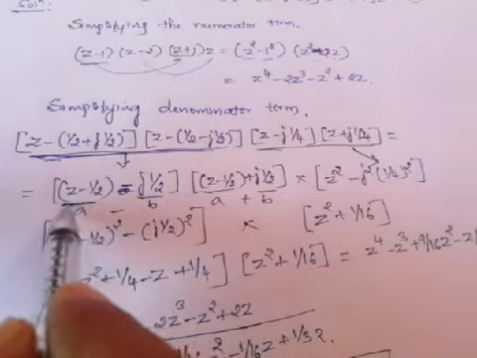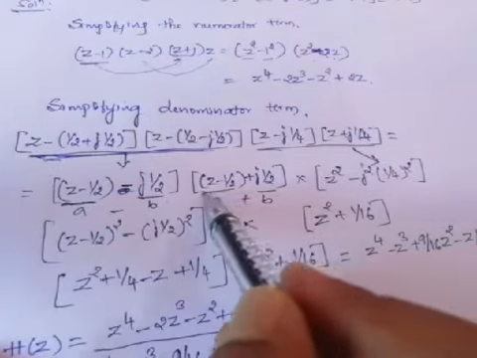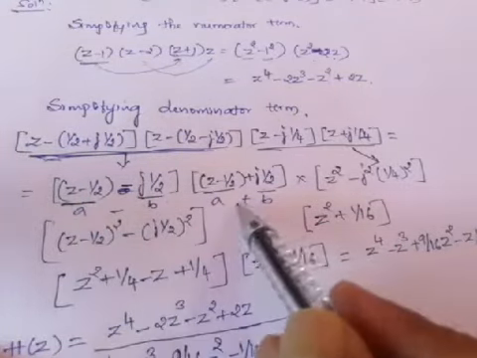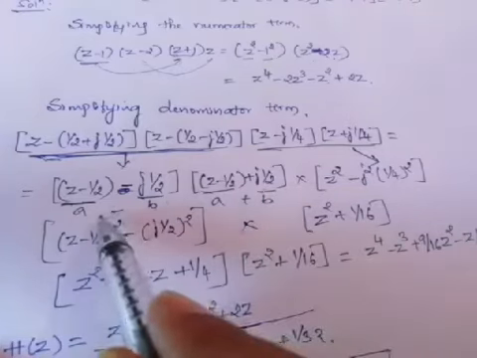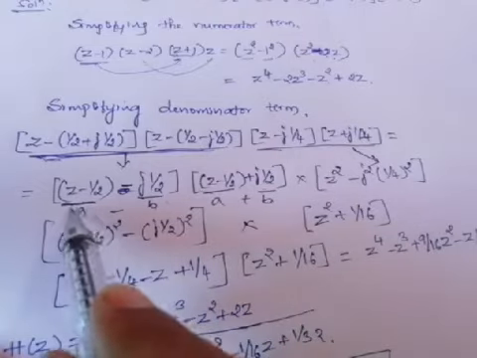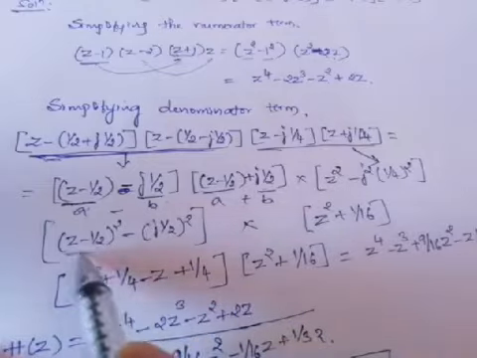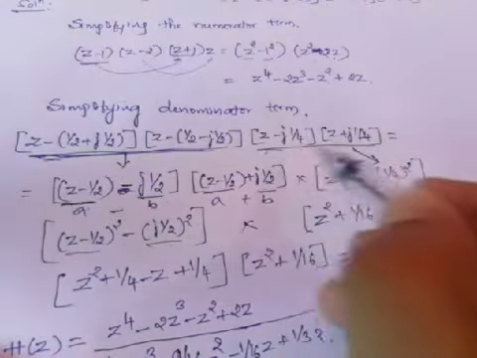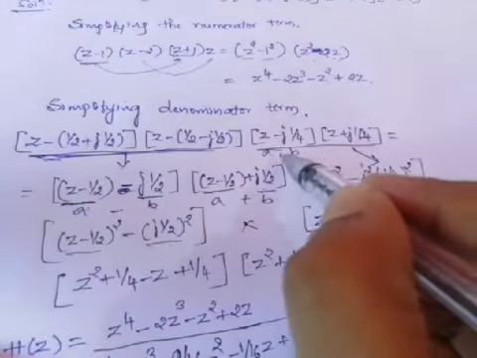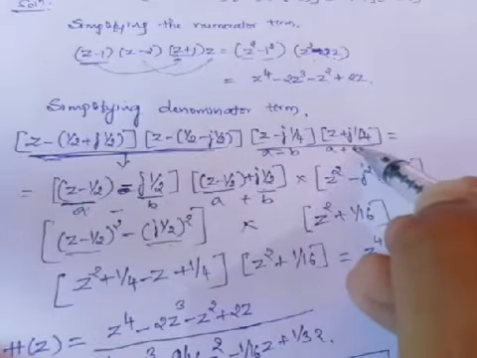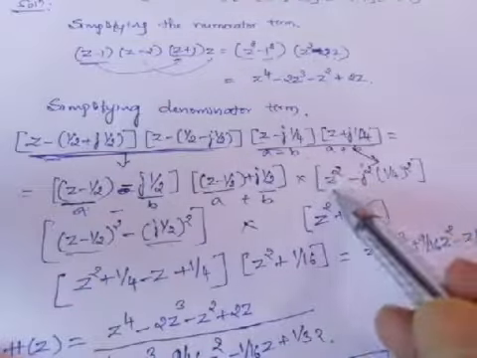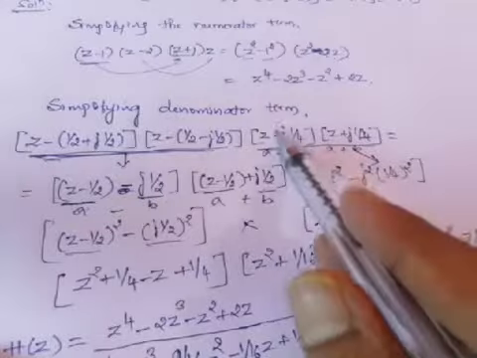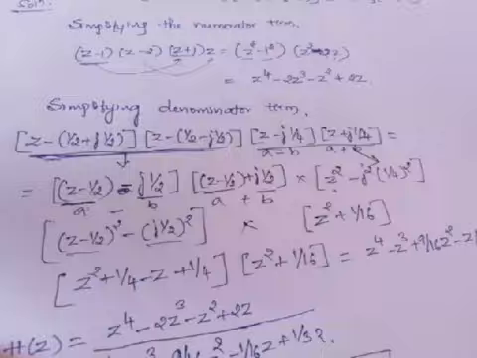See, I assume this one as a, this one b. So a minus b, a plus b. Once again, the multiplication of a minus b into a plus b is a square minus b square. So a square means z square, minus b square means j square 1 by 4 square.